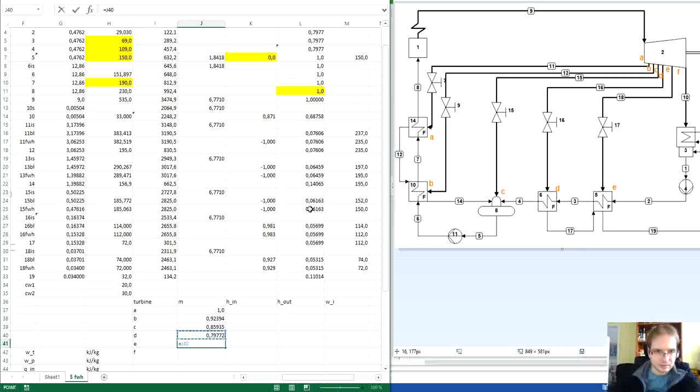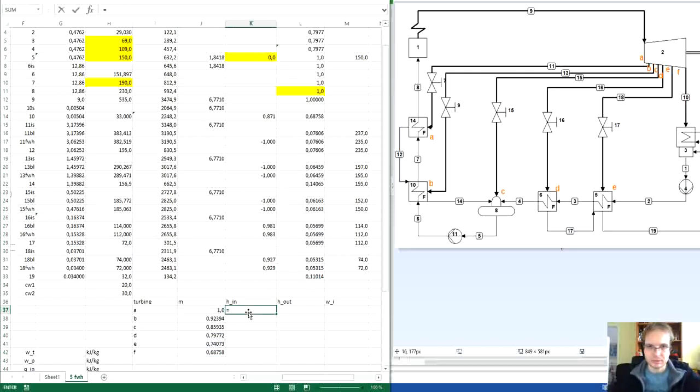E is D minus mass flow rate in 16. And F is E minus mass flow rate in 18.